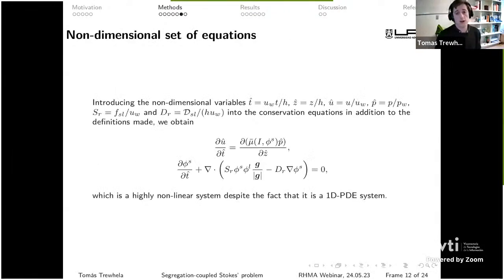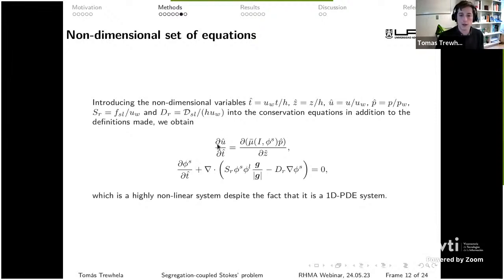And putting all this into the initial system of equations, I end up with this coupled system. Note that I use no equation for phi s, because as I said, phi s and phi l are reciprocal, so one is one minus the other.